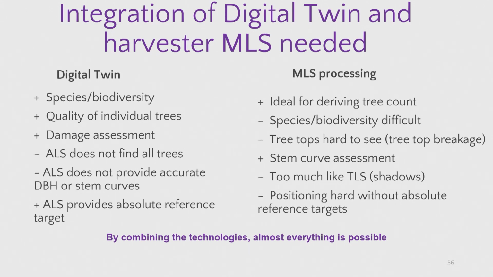And with airborne laser scanning, if you derive the digital twin there, you have the biodiversity, you have the species, you can even have quality. It's good for damage assessment, if you have broken tree tops. And it also provides an absolute reference.